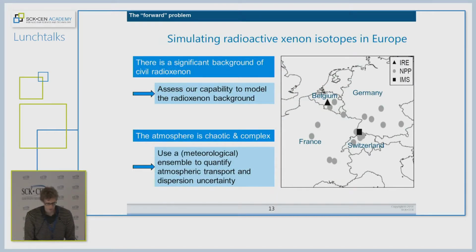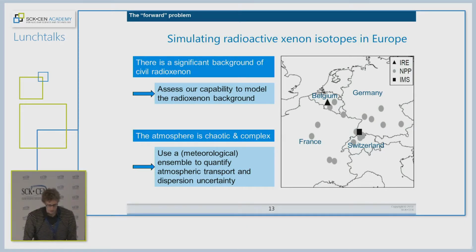So in this research, we would like to simulate the radioactive xenon isotopes in Europe. And you can see part of the setup here on the figure on the right. We have the IRE in Fleurus in Belgium, which is known to be the main emitter of radioxenon for the region, and we have used a 15-minute emission database for that.